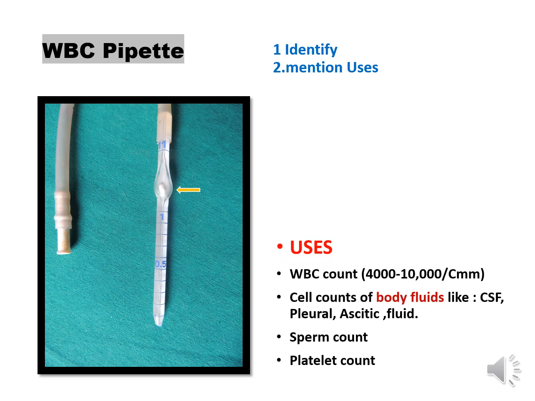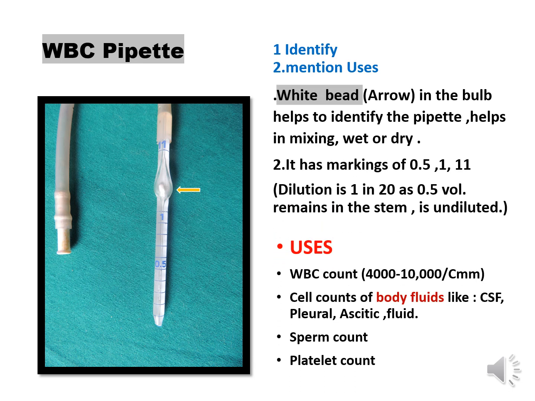Now this white bead in the pipette helps for the mixing of the blood with the diluting fluid. If you shake the pipette and the bead is not moving, then it is probably wet.